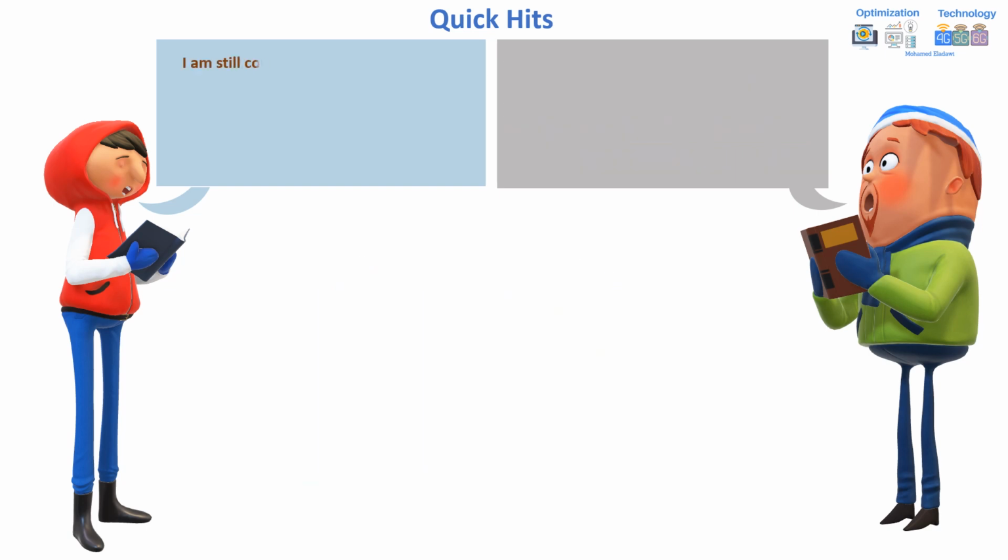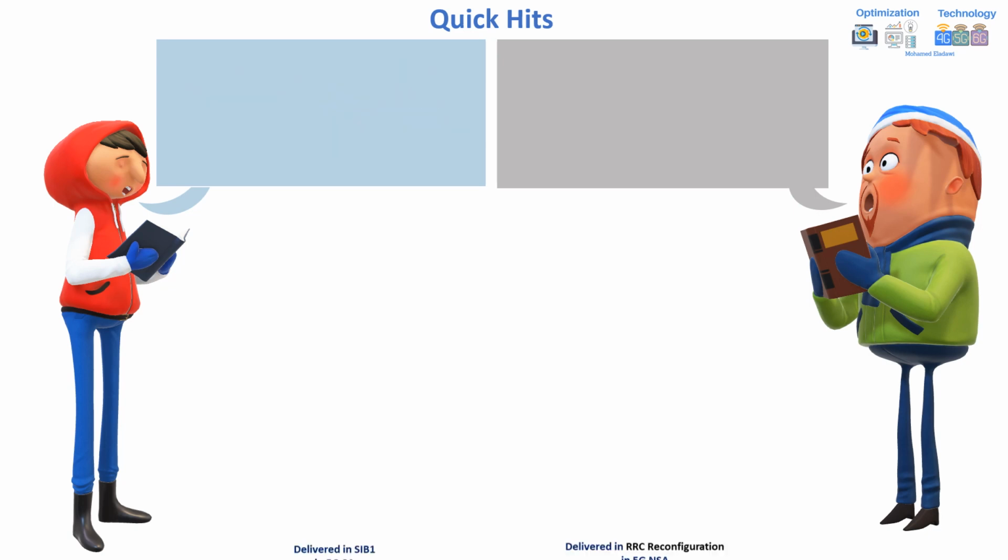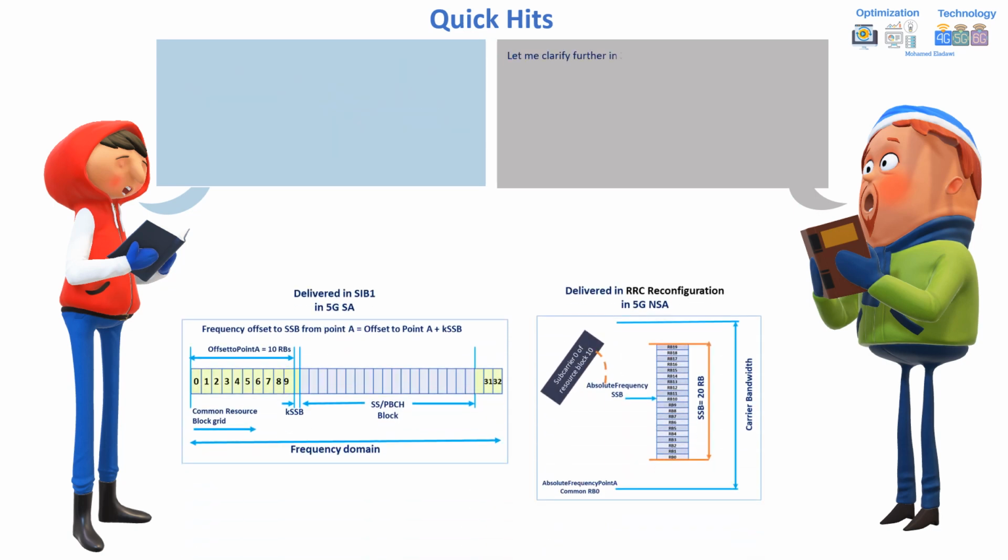I am still confused about the several parameters introduced earlier in this video, such as offset point A/KSSB and absolute frequency SSB/absolute frequency point A. Let me clarify further in 3 points. 1. Simply, all these parameters are mainly delivered to the UE to guide the UE about the SSB position in the channel bandwidth. 2.